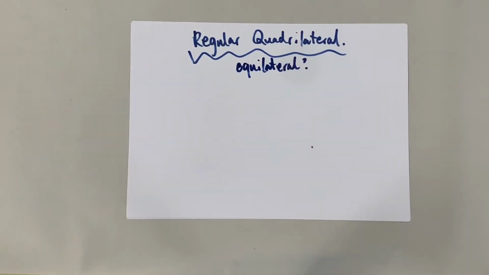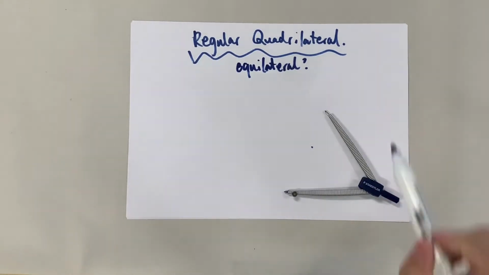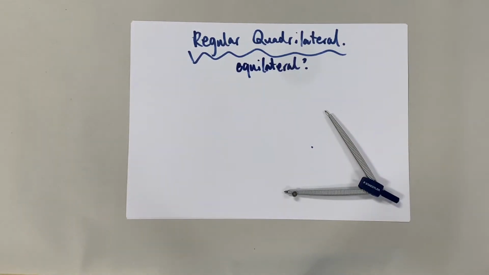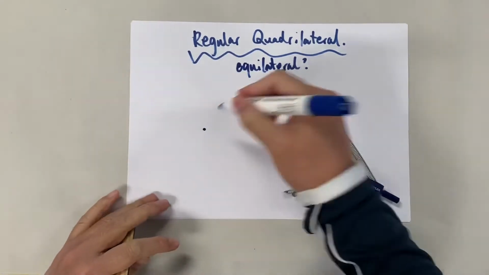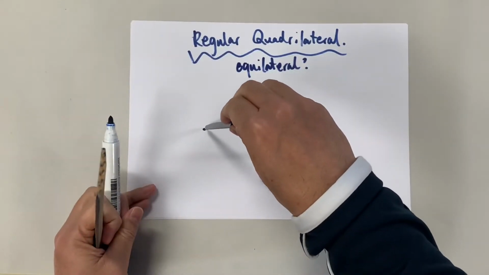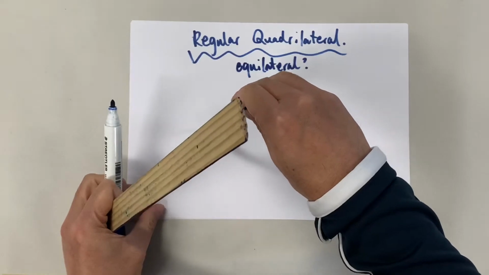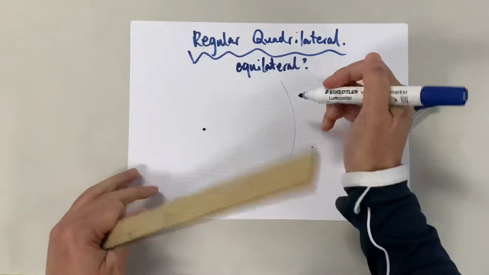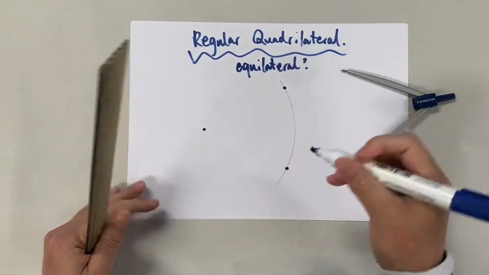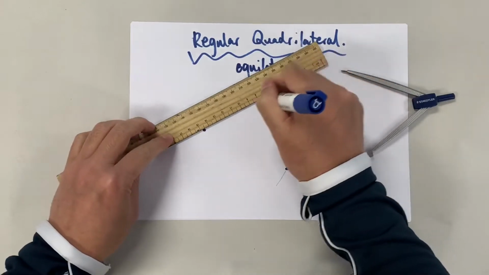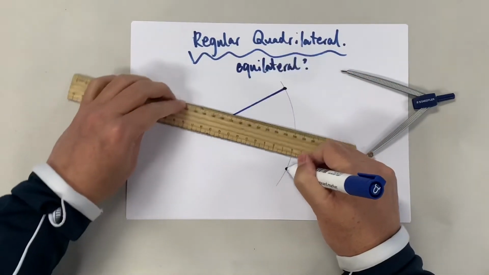Now, if you have watched the first or second compass video, if you haven't, I'll quickly put the link here. Equilateral quadrilateral means, let's see. So I pick 2 dots, I draw 2 sides here.